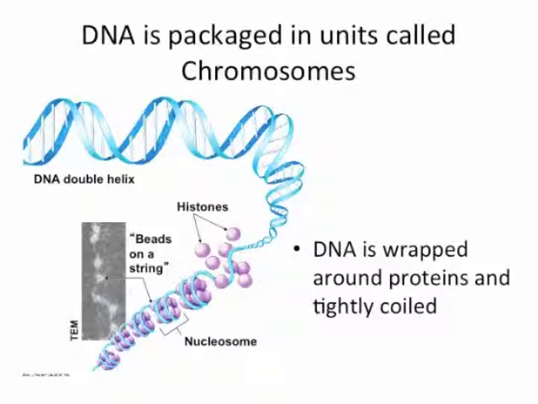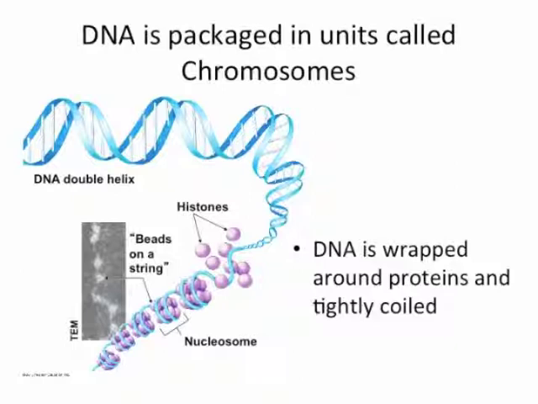You want to make sure that when you take one cell and you make two cells from it, each of those cells that you make has the same set of DNA. Because DNA is an instruction manual for how to make proteins, and in order for this cell to function as well as this cell, they both have to have the same set of instructions. So DNA is going to be duplicated, and then it's going to be divided during cell division. And mostly what we're going to talk about in meiosis is division of the DNA, ensuring that the same amount of DNA goes to both cells.